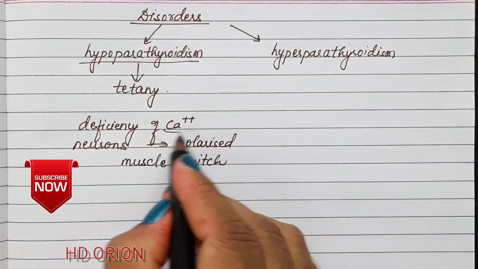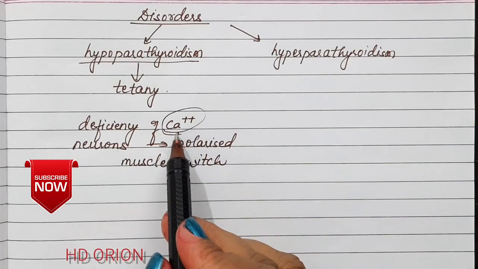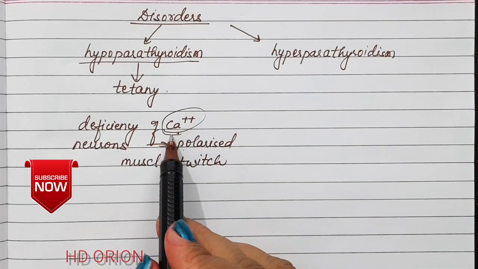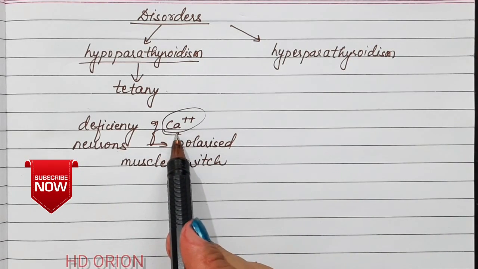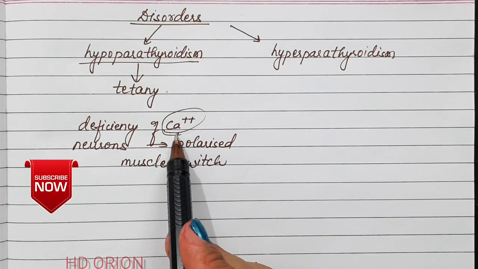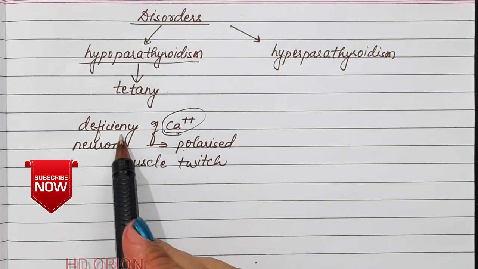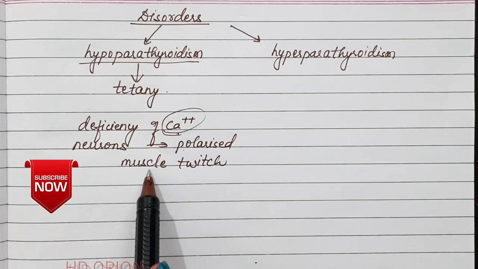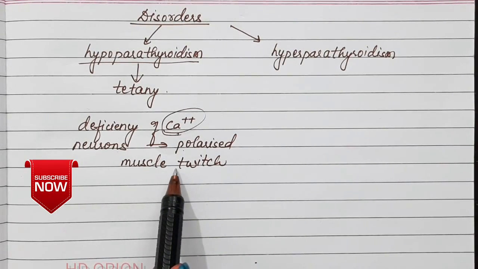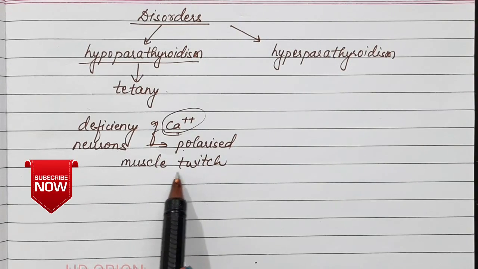The calcium is so much required. It is a very important ion. Calcium is required in contraction and relaxation of muscles. Calcium is required in coagulation of blood. So the regulation of calcium is very important in the body. And if there is much deficiency of calcium, the neurons get polarized, and continuously there is a muscle twitch. That means the contraction takes place continuously.